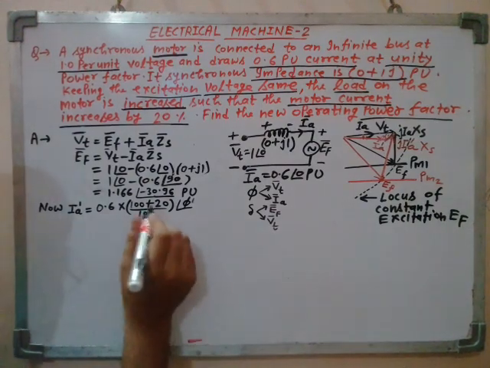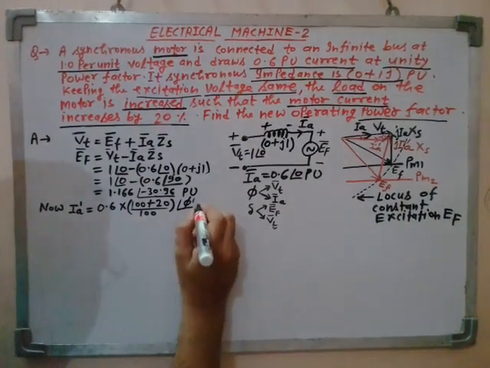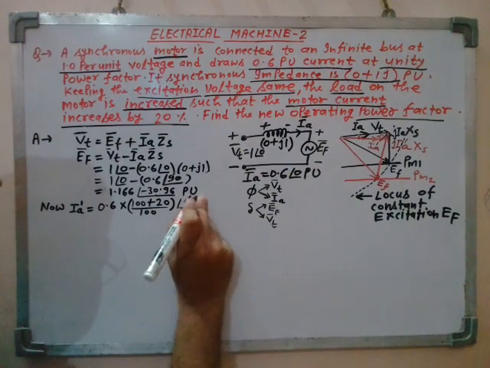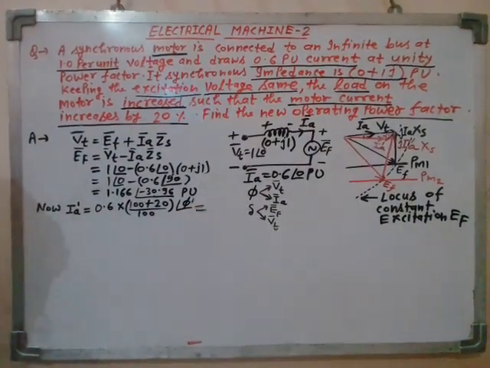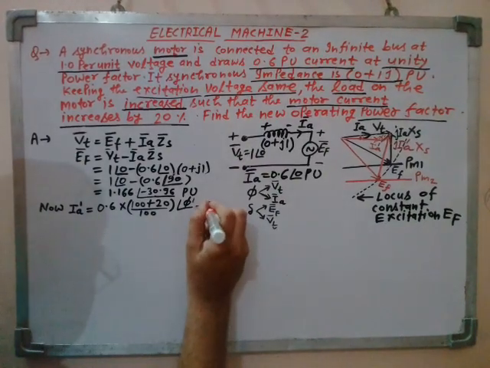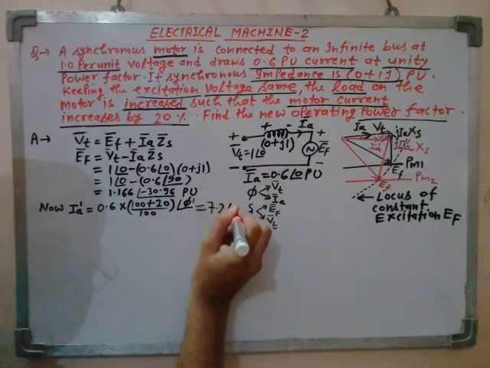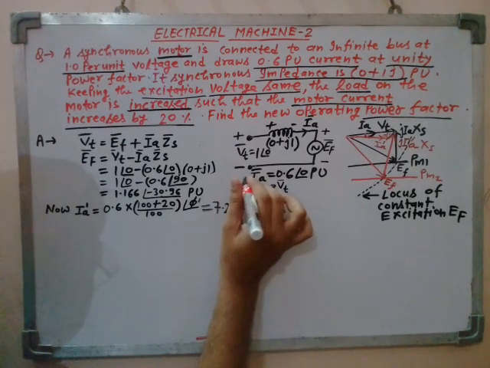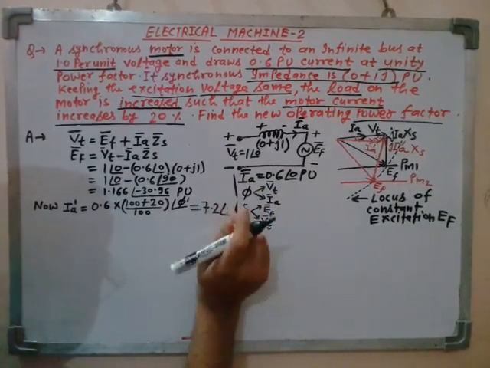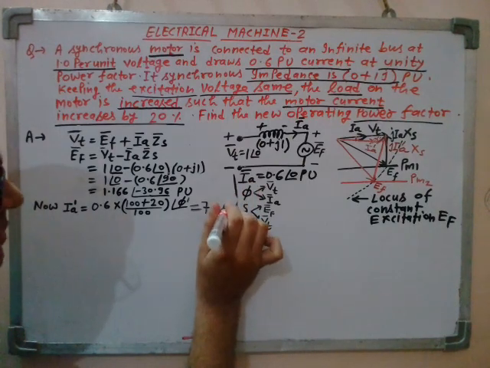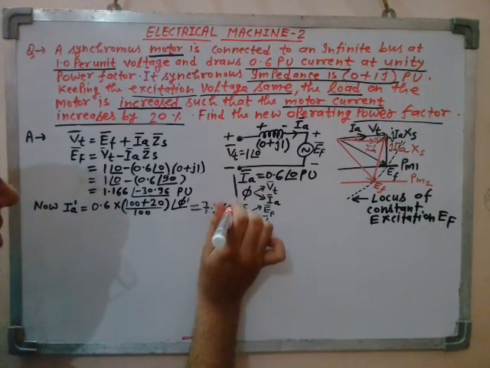When you solve this, you will get the new armature current with angle phi dash, the new operating power factor angle.